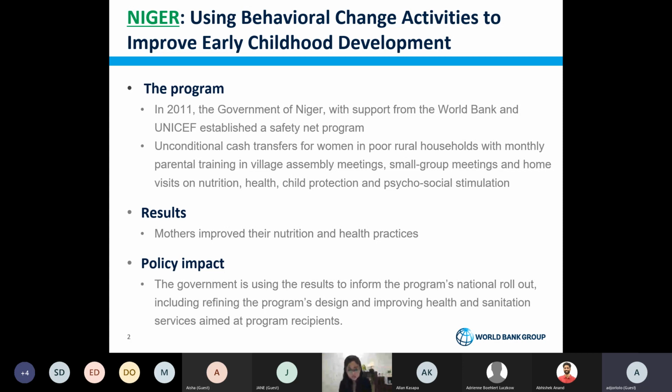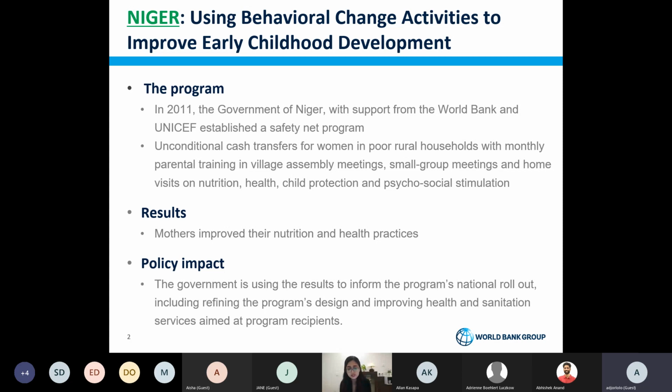It combined unconditional cash transfers for women in poor rural households, and there was also monthly parental training involved in village assembly meetings. It also involved small group meetings and home visits on nutrition, health, child protection, and psychosocial stimulation.